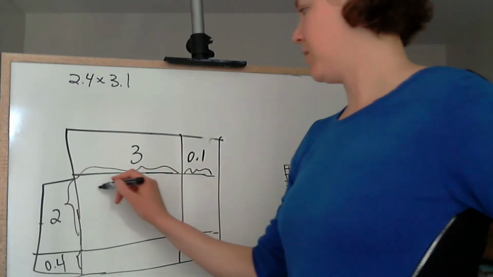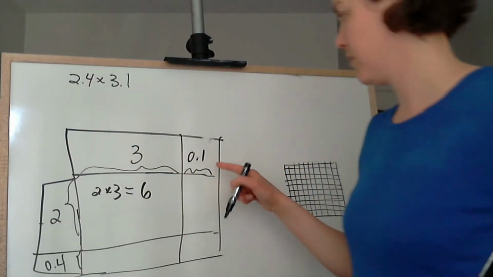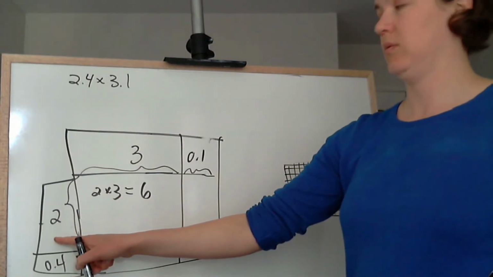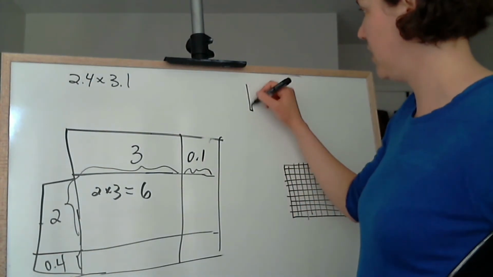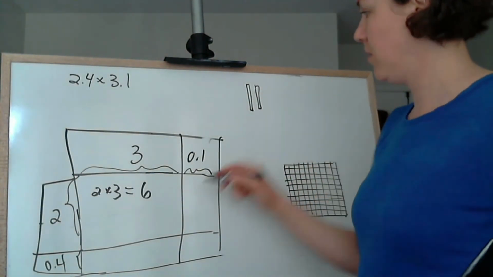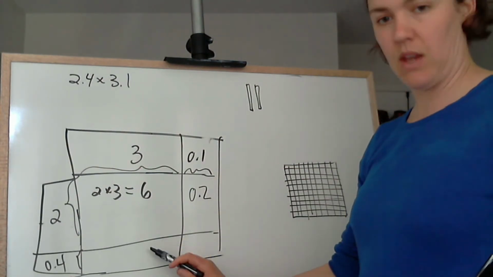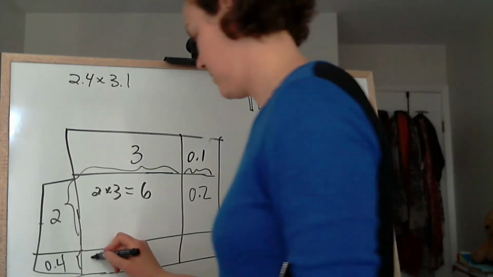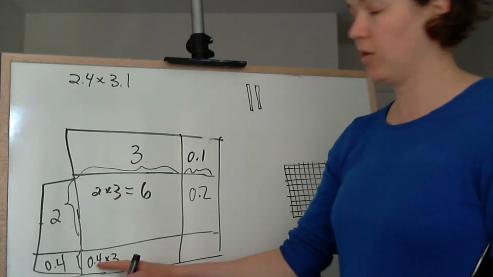2 groups of 3 is 6. 1/10 of 2, or 2 groups of 1/10. So if this is a tenth, I have 2 of them, then I have 2/10. Now we're doing the bottom square, so 4/10 times 3, or 3 groups of 4/10.